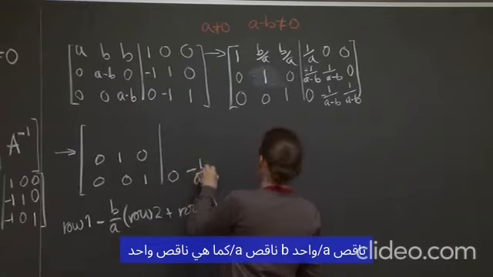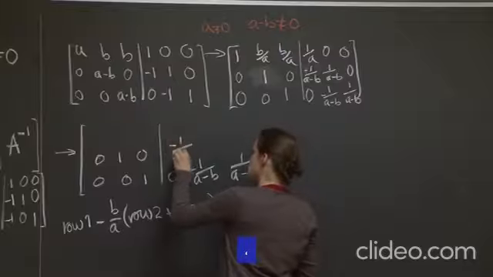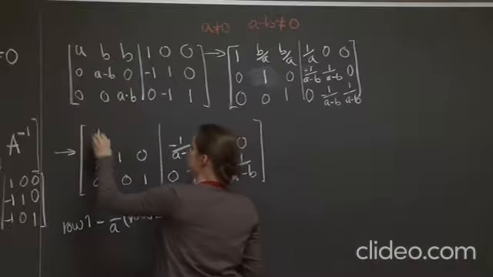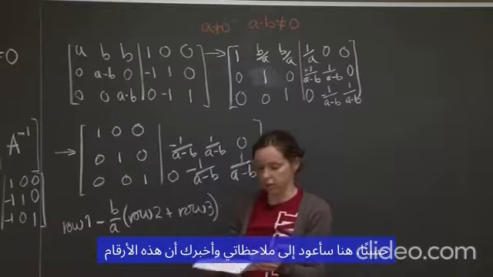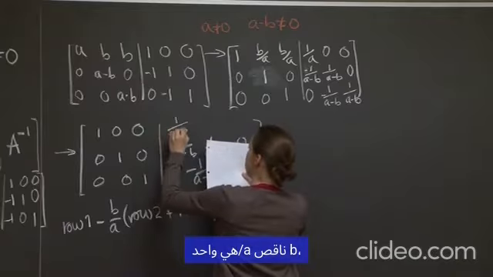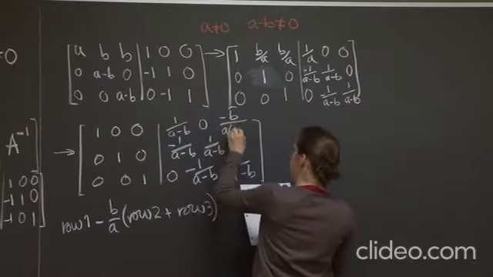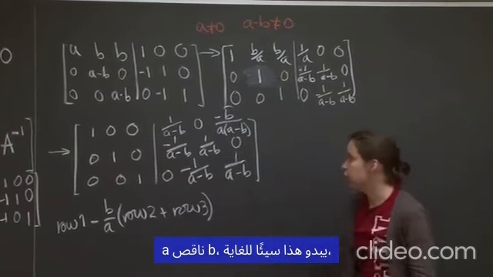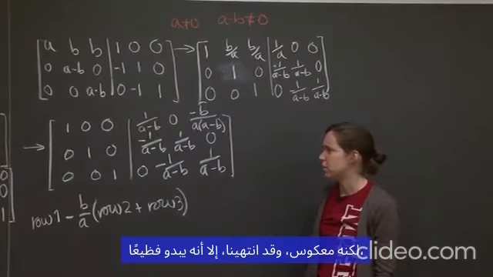Minus 1 over a minus b, 1 over a minus b. All right, this is where I'm going to go to my notes and tell you that these numbers are 1 over a minus b, 0, minus b over a minus b. That looks pretty awful, but that is A inverse. And we're done, except it looks terrible.